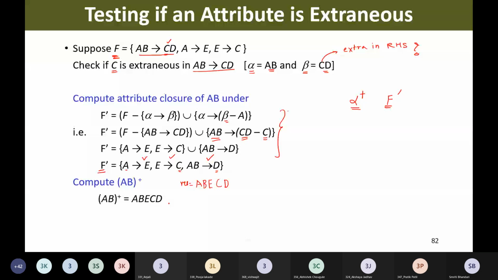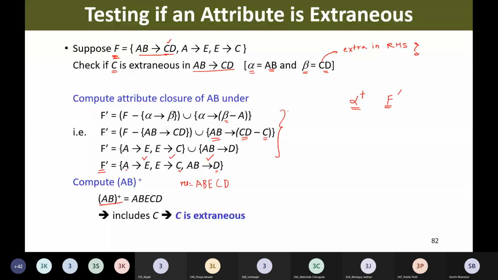Right? Now, what we need to check? We have computed this alpha plus. We need to check whether alpha plus includes the attribute under consideration. So we are checking for C, whether C is extra. Does this result include this attribute under consideration C?